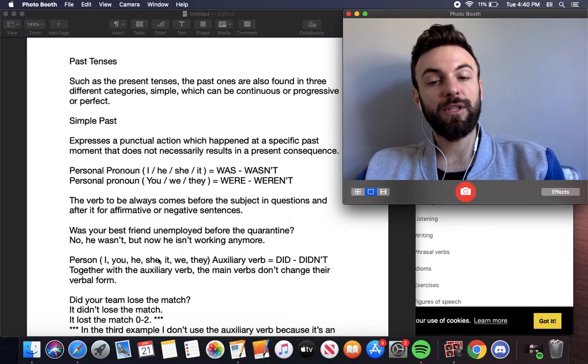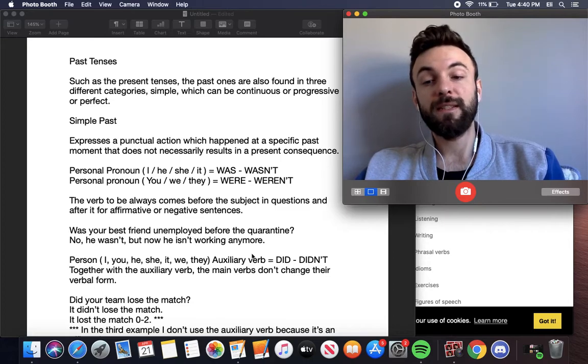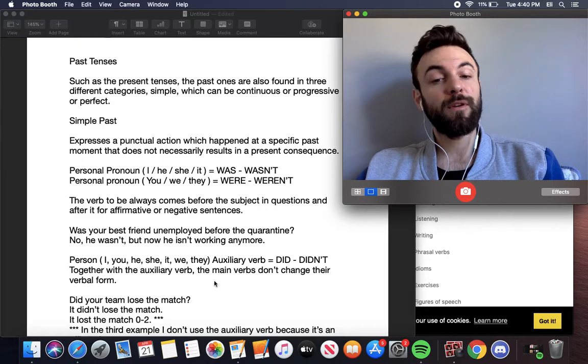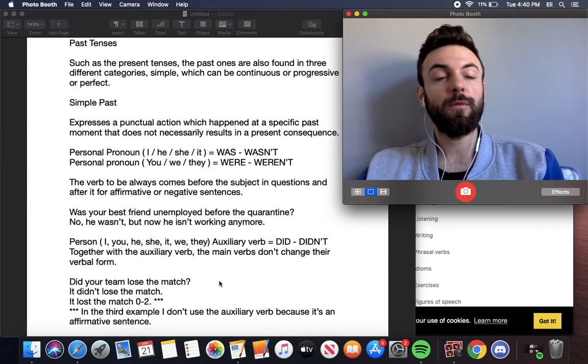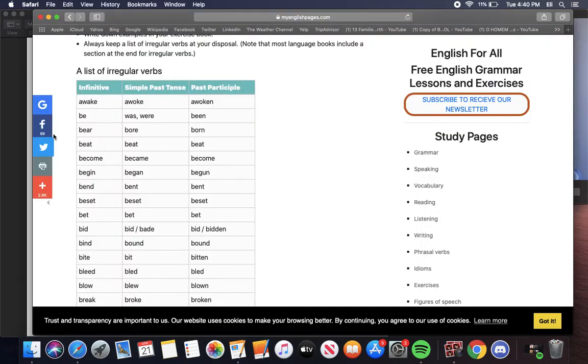So I put here as person, but they could be the personal pronouns as well: I, you, he, she, it, we, and they, with the auxiliary verbs did and didn't. Together with the auxiliary verbs, these main verbs don't suffer any kind of change in their verbal form, so they're always going to be in their infinitive form, which is this first one here. Every single time I use the auxiliary verb did or didn't, they're going to be in this form. If I use nothing, they're going to be in this form or conjugated with the ed rule.